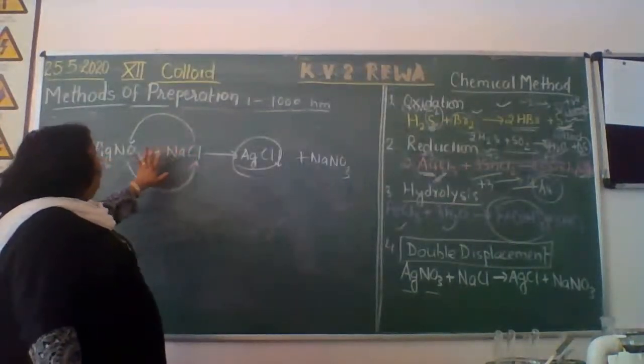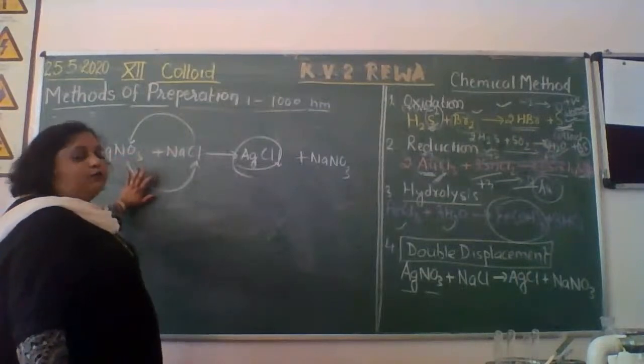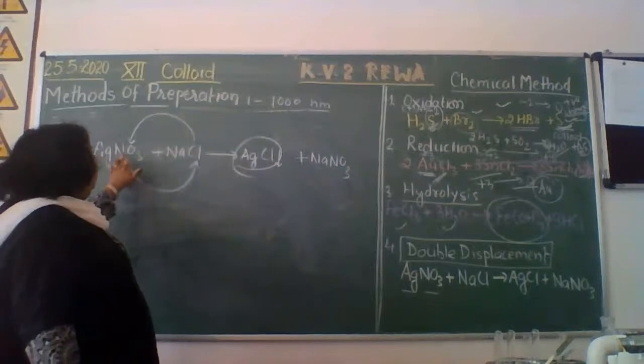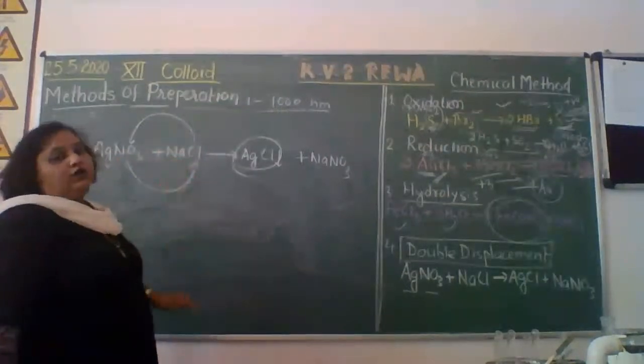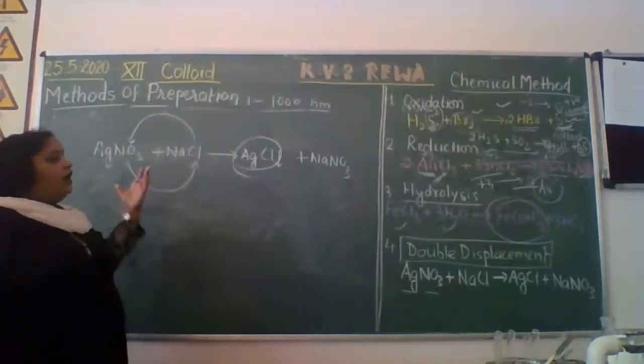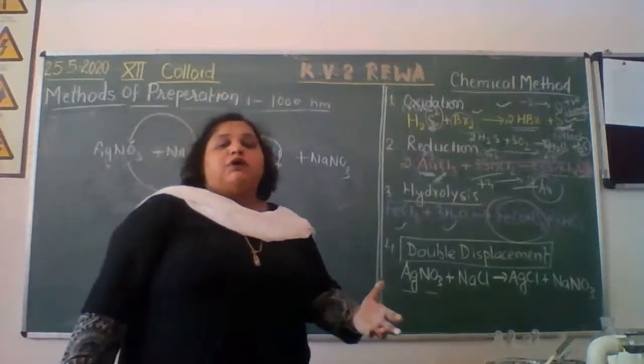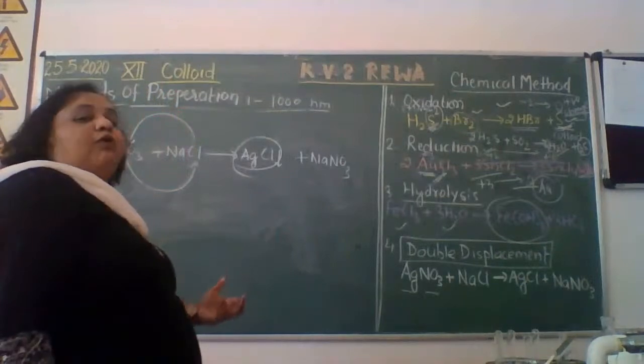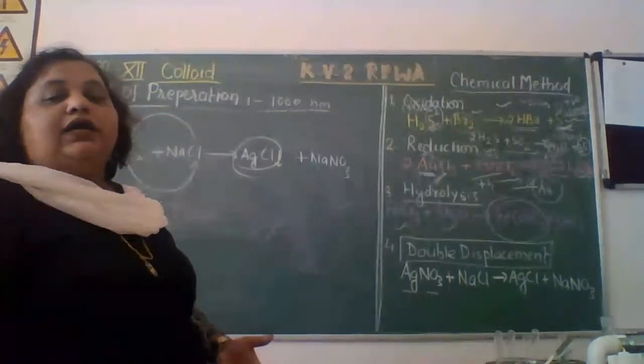Both of them have exchanged their parts. The Cl has moved with the silver and the nitrate has moved with the sodium. So this is the last method to prepare the colloidal solution with the help of a chemical reaction.